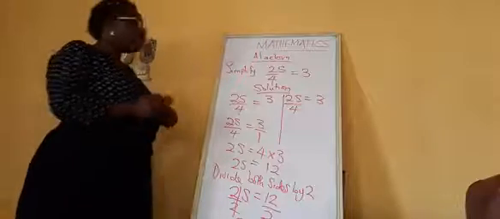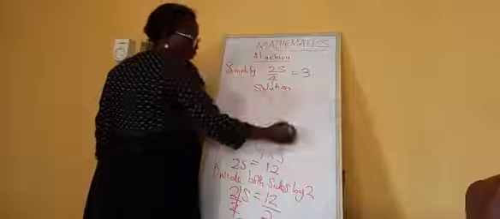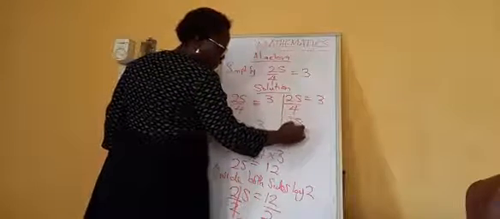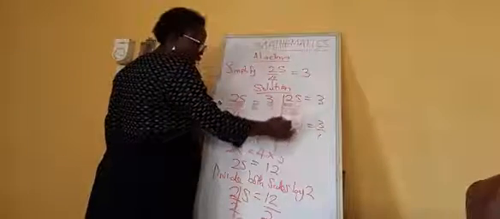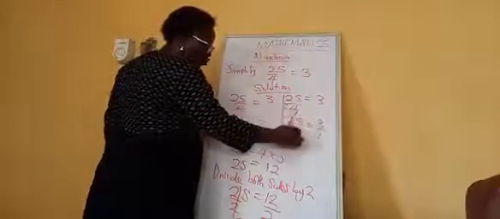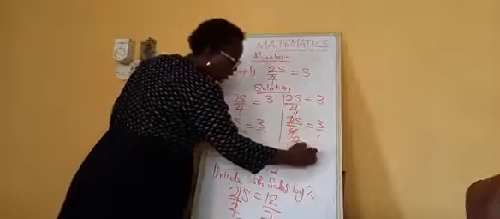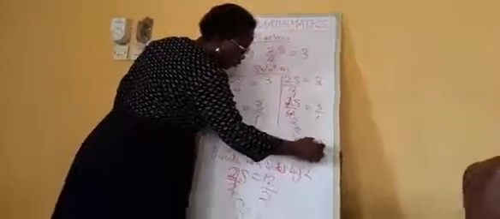In this case, when you have 2x over 4 is equal to 3, you balance so that you have 2x over 4 is equal to 3 over 1. Look at it: 2 here 1, 2 here 2. Now you have x over 2 is equal to 3 over 1.